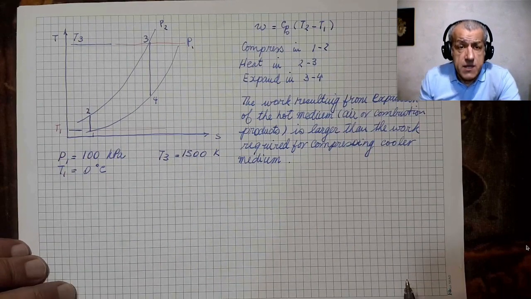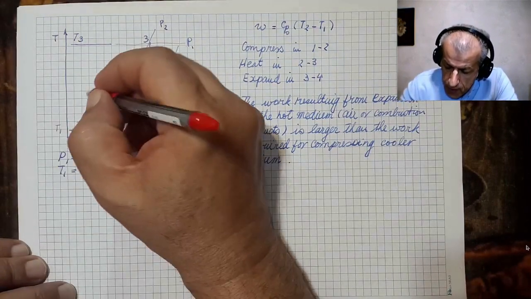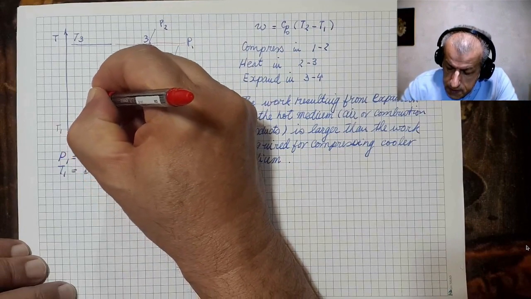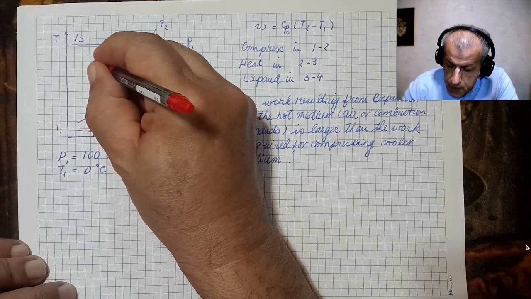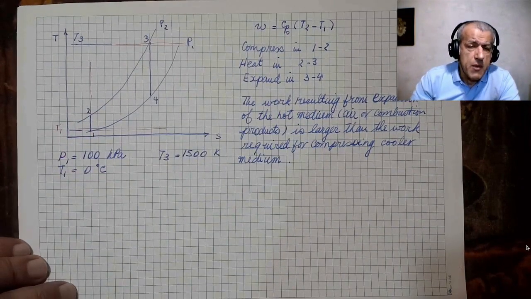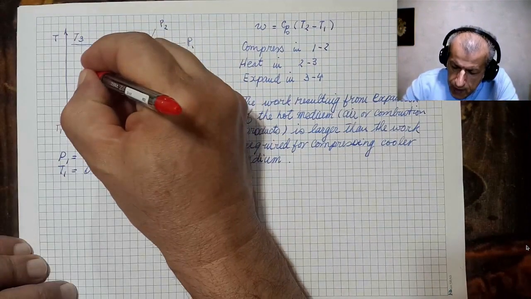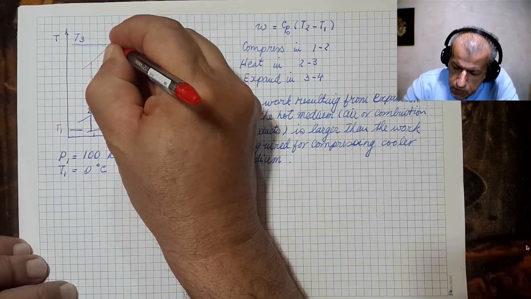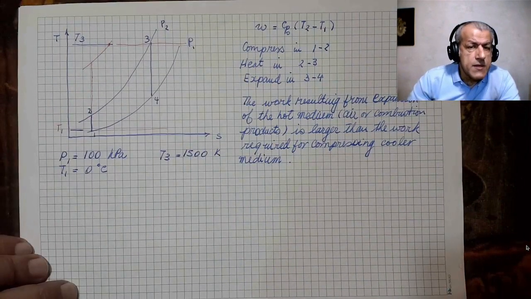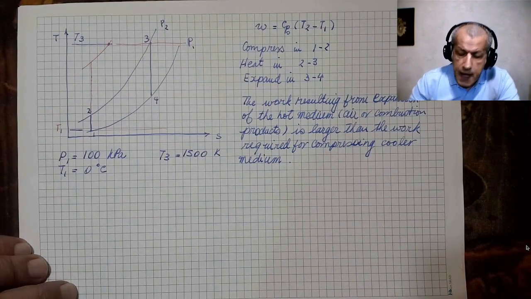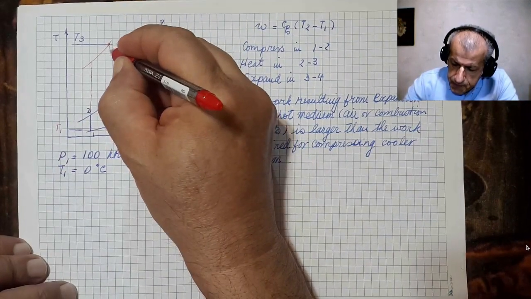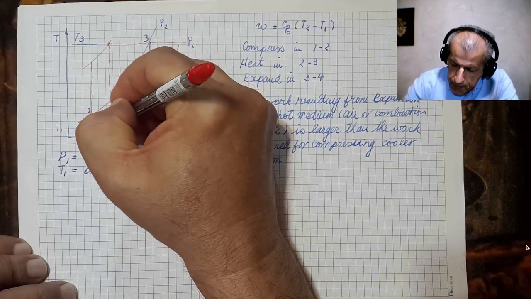As extreme alternatives, assume that we compress air to a much higher value than expected, heat it up to that T3 temperature, and then expand it.